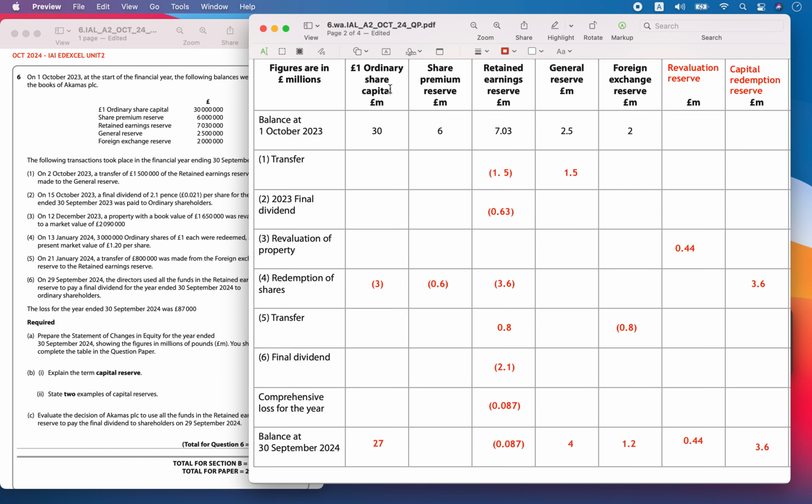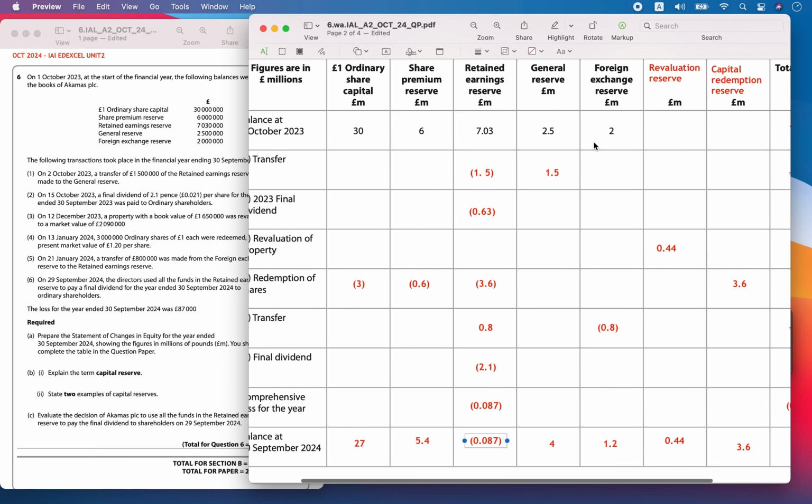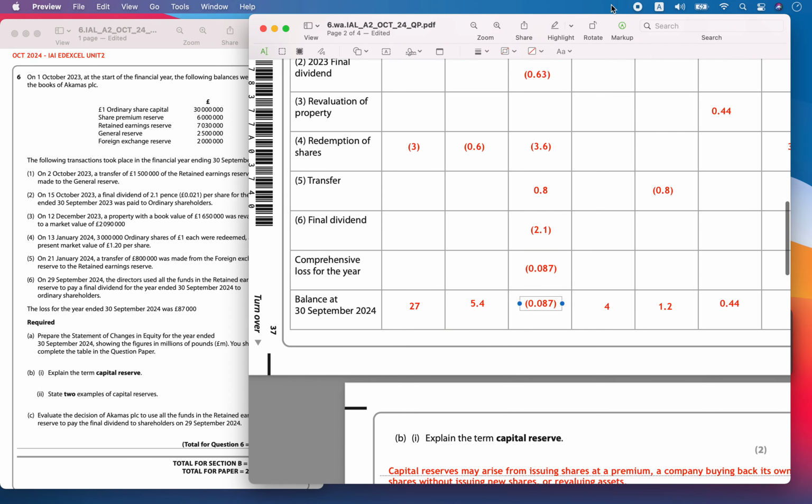And then share premium was 6 minus 0.6, that is equal to 5.4. Now these are the shareholders' balances left after the redemption of shares, and the redemption of shares is offset from the retained earnings. So it is also affected, so we have included that, and you have to fill up all the changes to the equity section.